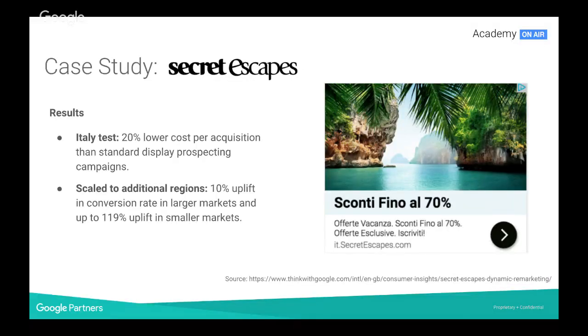So the result of this Smart Display campaign, it gave these incremental new conversions at a cost that was 20% lower compared to other prospecting campaigns that Secret Escapes has run every now and then. So what it tells you is about that power of automation. And as I mentioned earlier, you can be running your manual and Smart Display campaigns side by side, and just be mindful that where your manual campaign is already optimized well enough, it hits the right audience with the right message, so clearly it's going to have a preference in winning auctions.